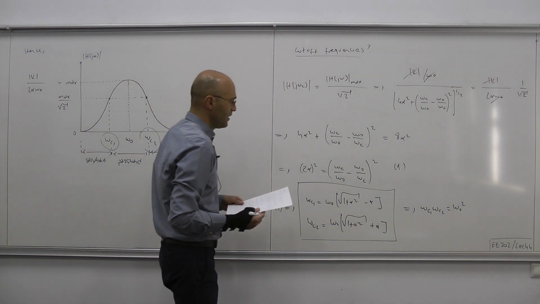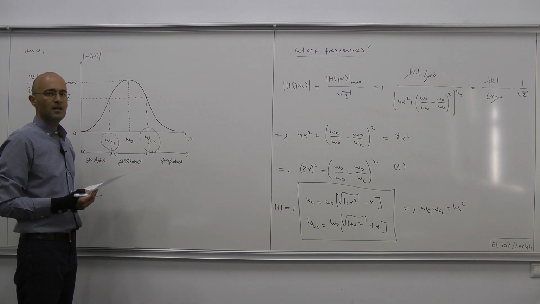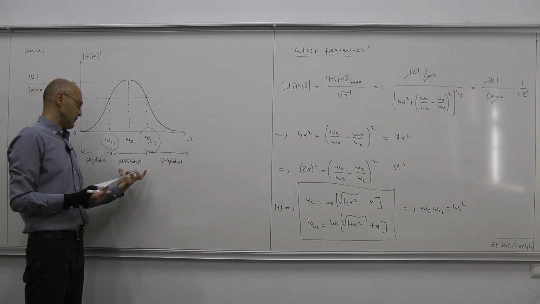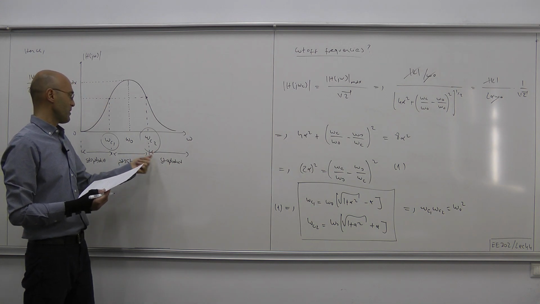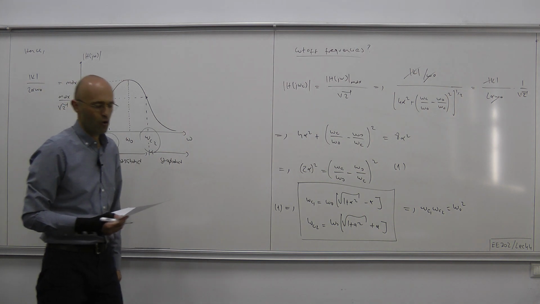Now, once we have the cutoff frequencies, we can easily figure out the passband bandwidth, which is the length of the passband. In this case it is omega c2 minus omega c1, and that produces 2 alpha omega 0.